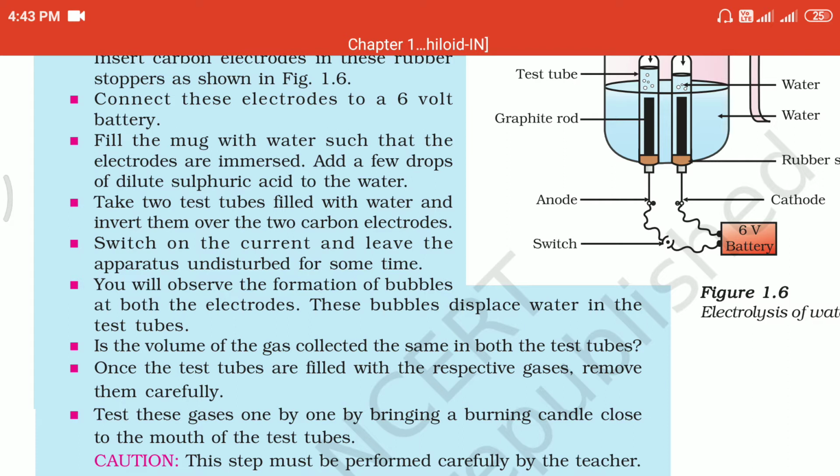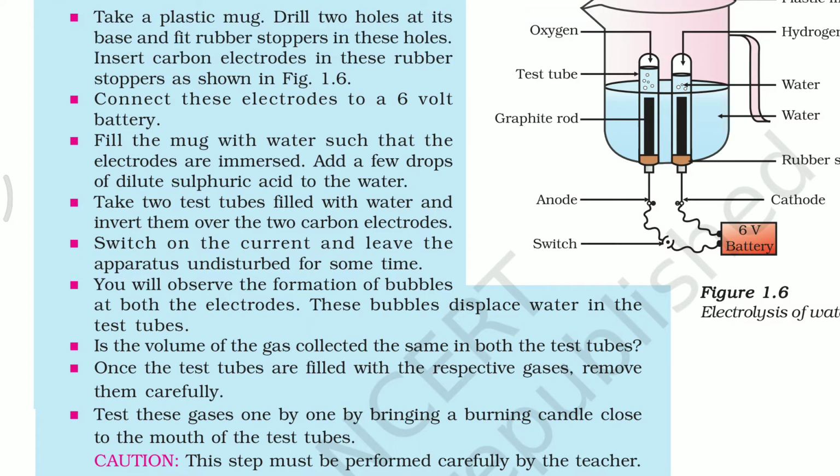So in this activity, you can observe the formation of bubbles at both electrodes. These bubbles displace water in the test tubes. So the height of water in the test tubes differs, and in which test tube oxygen gas is produced, or in which test tube hydrogen gas is produced, we can observe with the flame.